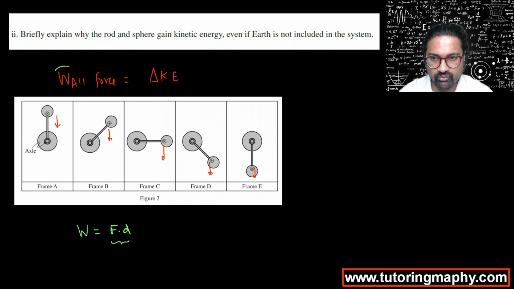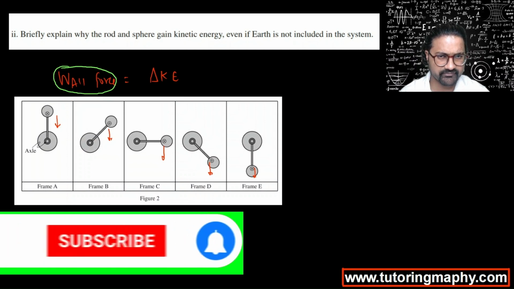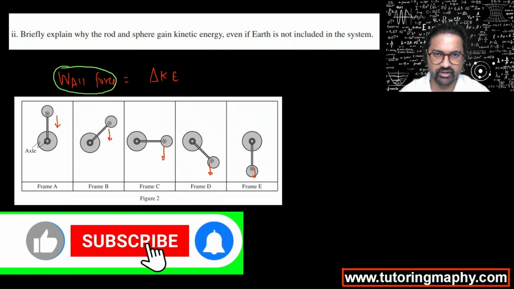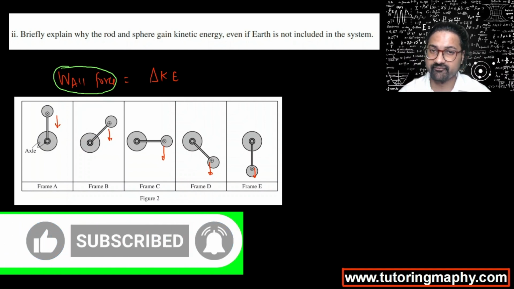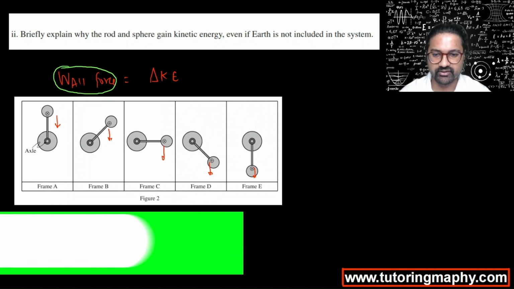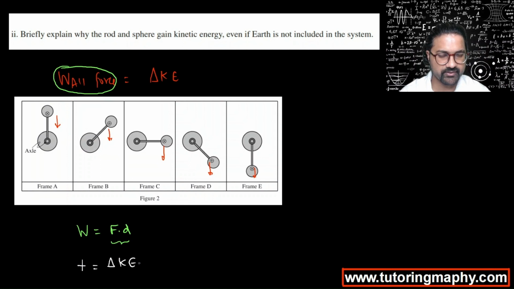It means that the work done has to be positive. So can I say that the work done by all the forces, which is basically just the gravitational force because that's an external force, is positive, with what I just justified? And if it is positive, this is equal to the change in kinetic energy. And if the change in kinetic energy is positive, it definitely means that the final energy is more than the initial energy, because only then can the change be positive.